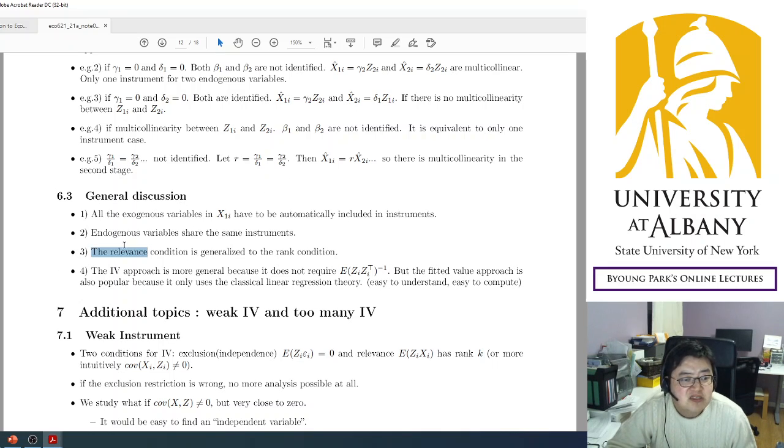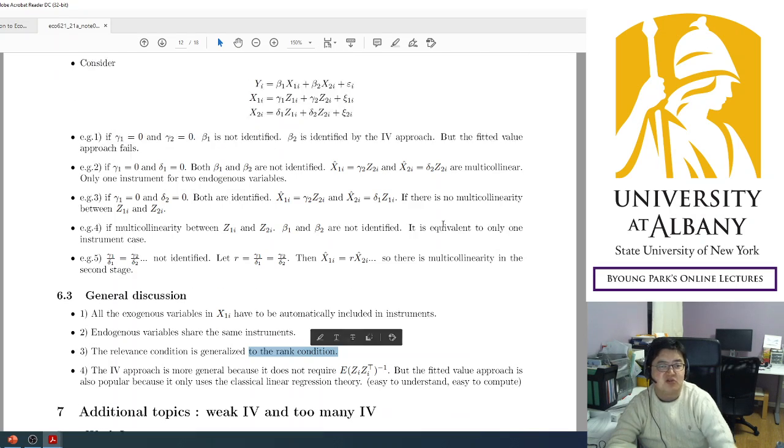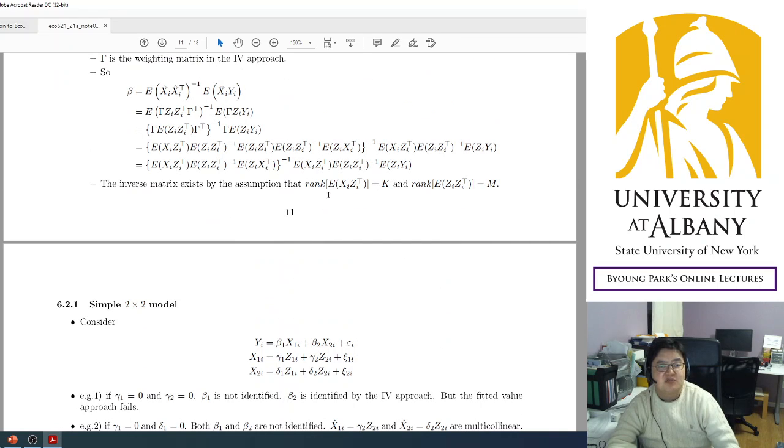And the relevance condition is clear in the one-dimensional case. In the one-dimensional case, relevance is simply non-zero covariance. But when you have multiple variables, you need a little more complicated concept, which is the rank condition. I skipped it. The rank condition is stated this way: the rank of the expectation of xz prime should be k.